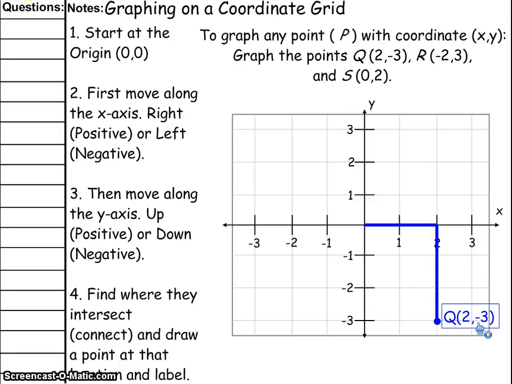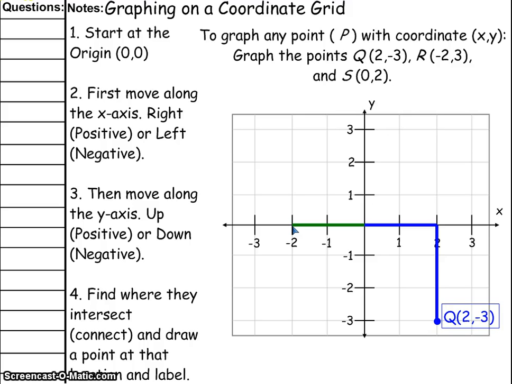Now let's plot point R. Point R is at -2, +3. So again, I'm going to start at my origin, and I'm going to go to the left, which is negative for my x-axis, and I'm going to go to -2. And then my y coordinate says it's +3.